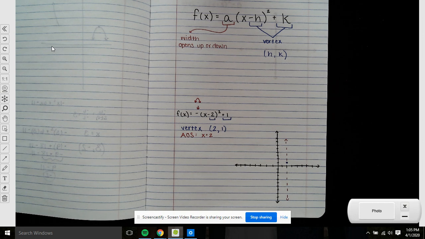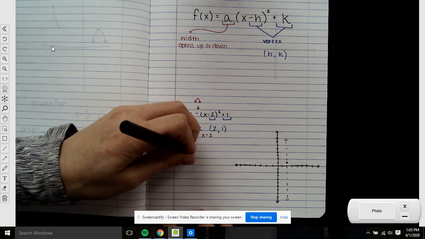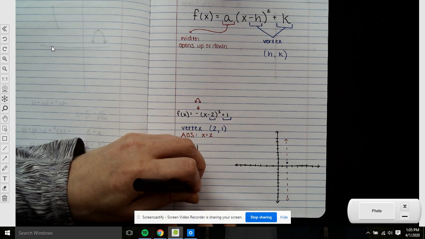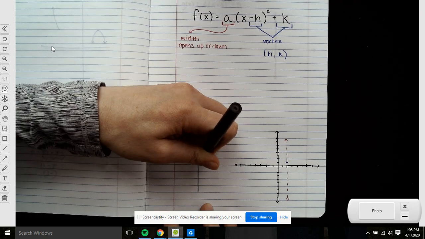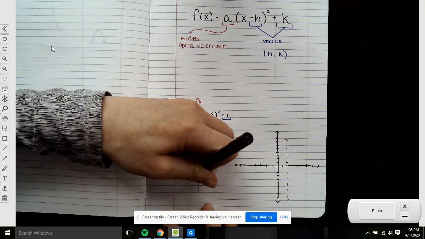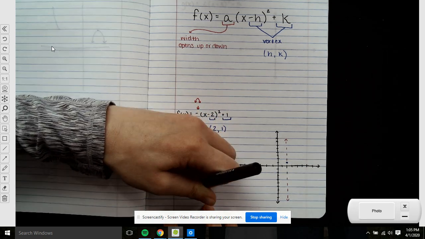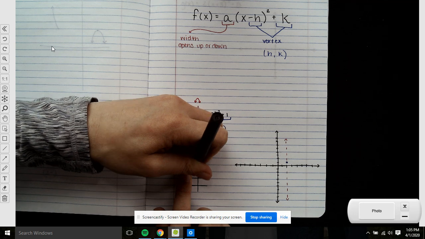And now from here, I can make my table, same way I've been doing my table before. So in order to make my table, I'm going to put my vertex in the middle. So if I have 1, 2, 3, 4, 5 slots, my vertex goes in the middle, 2, 1.